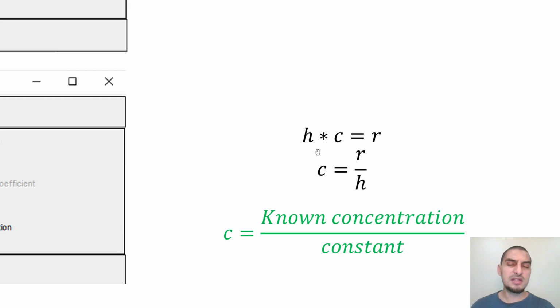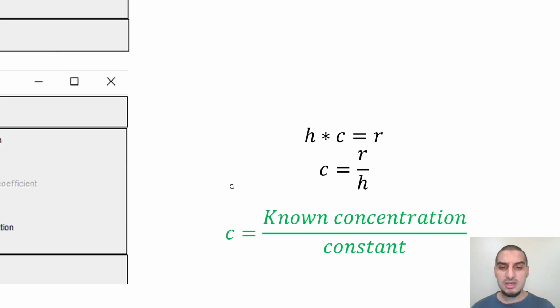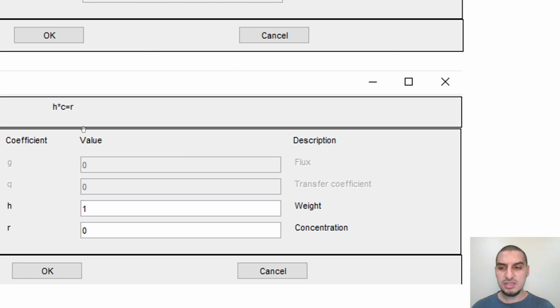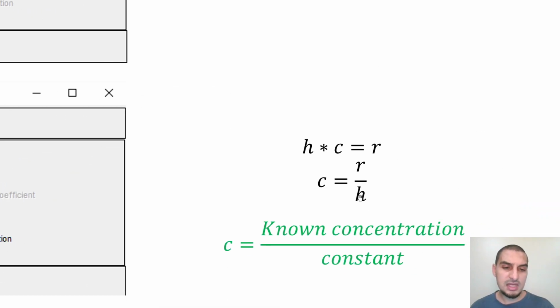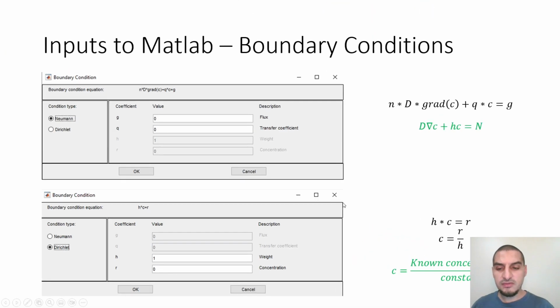So it's like putting c as a constant. I don't know why we didn't just put c equals r without h, but anyways, this is how it's defined. So in case you have a boundary condition of concentration equals 10, you will put r equals 10 and h equals 1, and that's it. So this is how you define it.